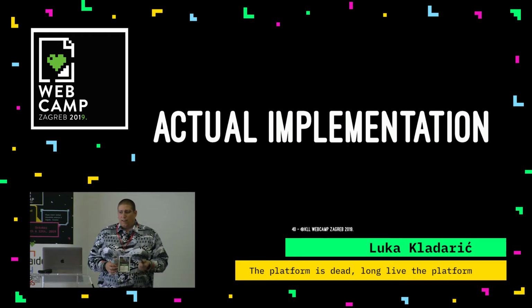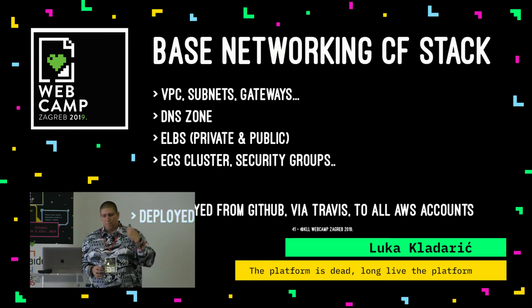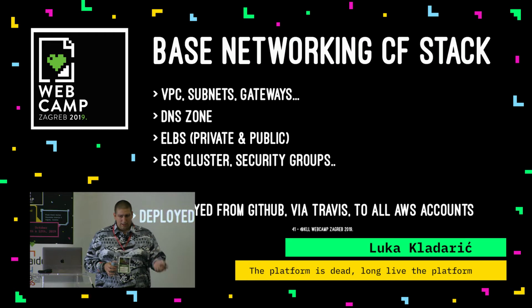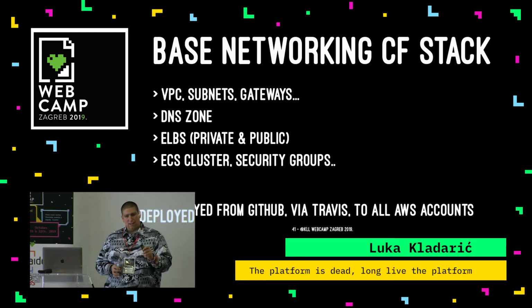By this point, some of you are like, yes, I know all of these things, but how did you actually implement it? So the base networking CloudFormation stack, like I said, contains the VPC, the private network, the subnets in that network, the private and the public subnets, the ones that are accessible from the outside, the ones that aren't, the internet gateways, and so on. It also contains a DNS zone, so each account has its own zone.